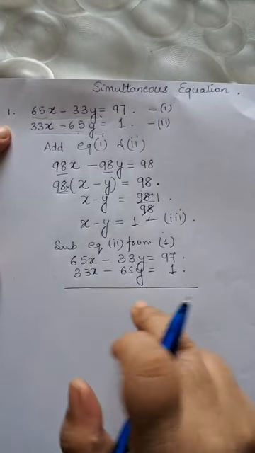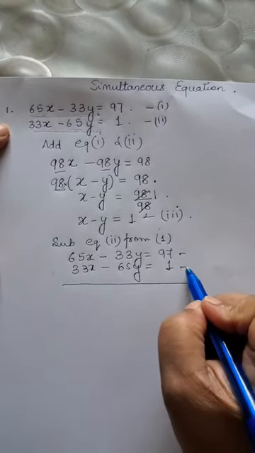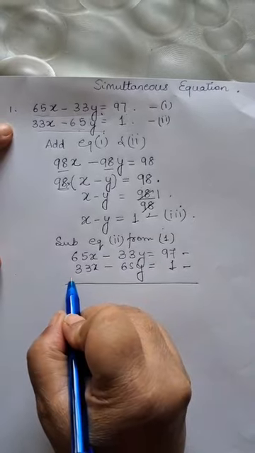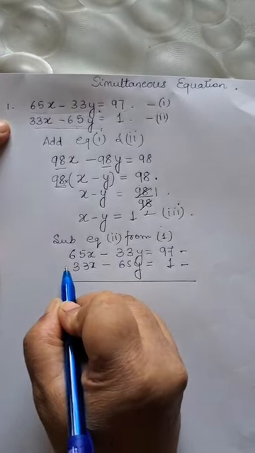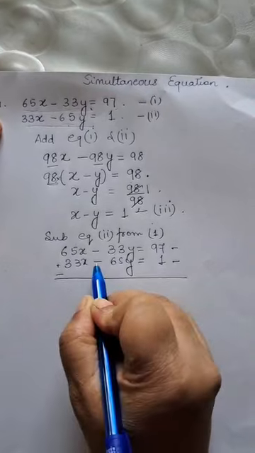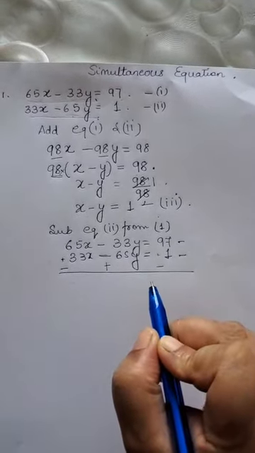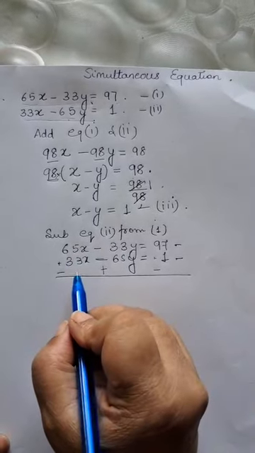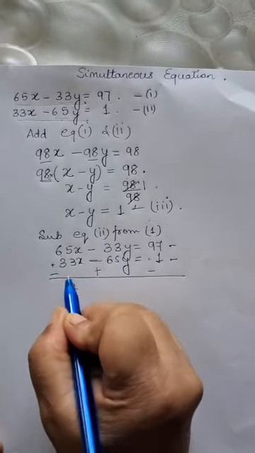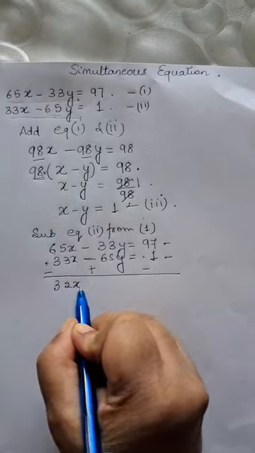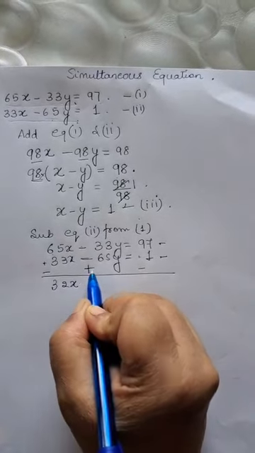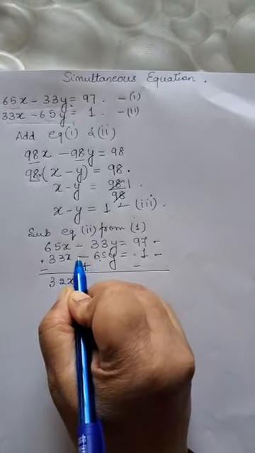When we subtract equation 2 from equation 1, we change the sign of the second equation. So this is plus 33, it becomes minus, minus becomes plus, plus becomes minus. So this will become 65 minus 33, that is 32x, plus, this now 65 is plus, it's not minus.